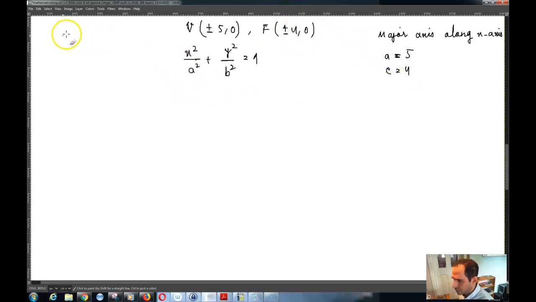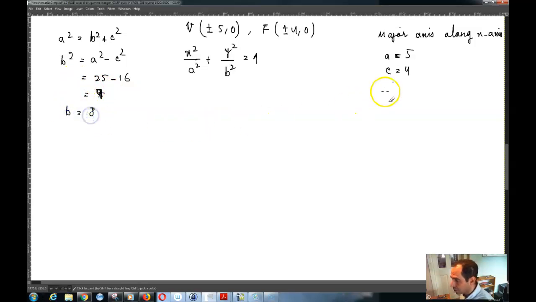So then I can write a squared is equal to b squared plus c squared, which means that b squared is equal to a squared minus c squared, which is equal to 25 minus 16, which is equal to 9. So that means that b is equal to 3.